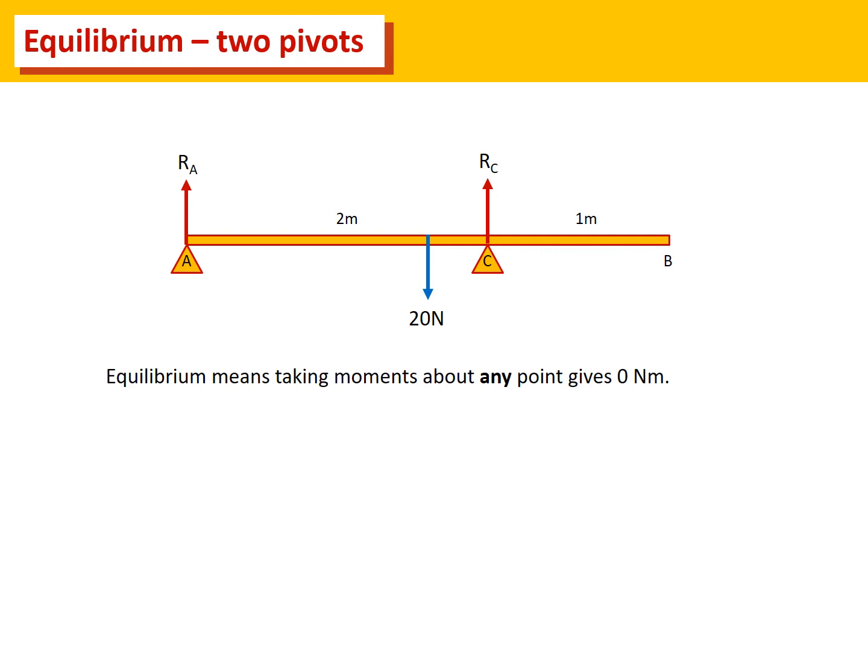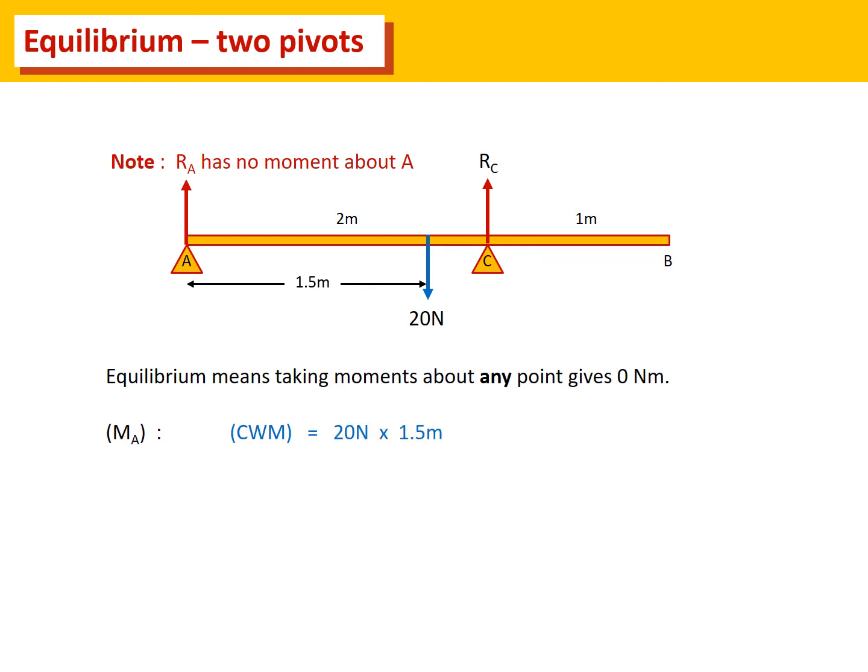Equilibrium means taking moments about any point gives 0 Newton meters. So I'm going to take moments about point A. If I do, the reaction force at A will disappear because the reaction force at A passing through A has no moment. Therefore, the clockwise moment is 20 times 1.5, and that's 30 Newton meters.